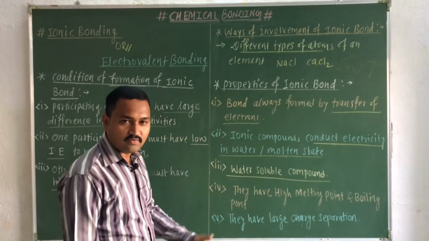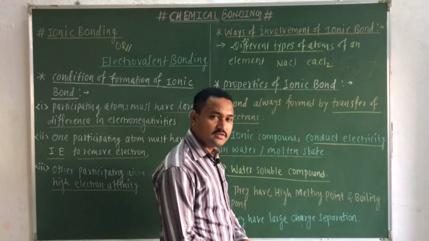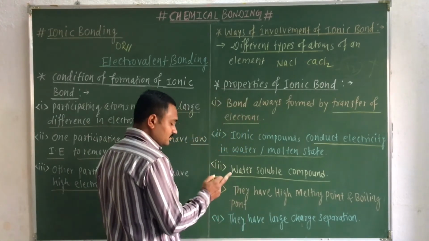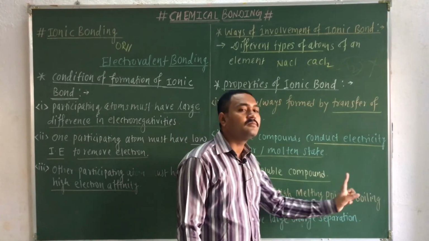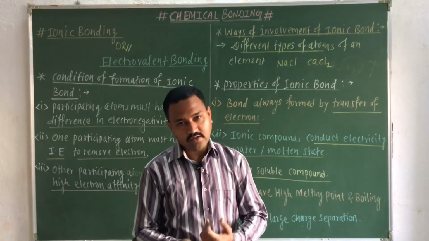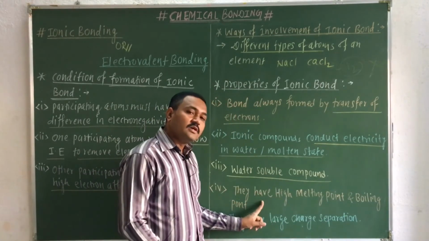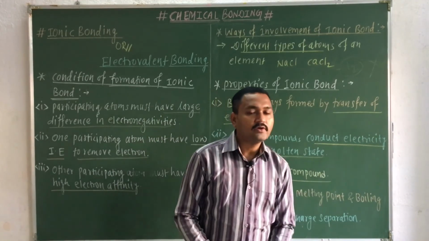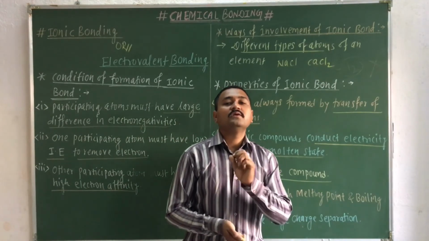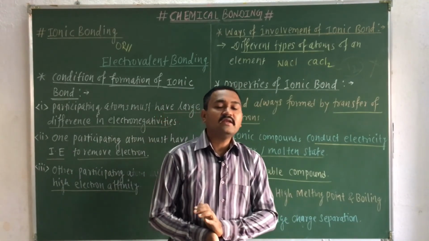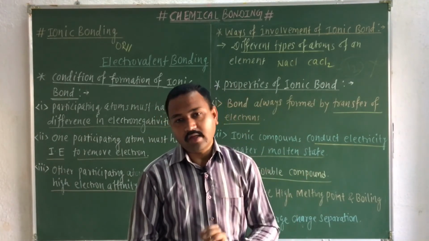For example, NaCl can be dissolved in water. Fourth important property: they have a high melting point and boiling point. If we find the melting point and boiling point of these ionic compounds, they are found to be a little bit larger than usual values.